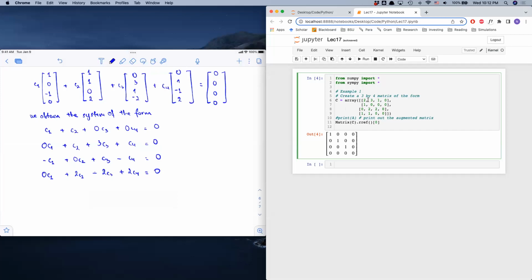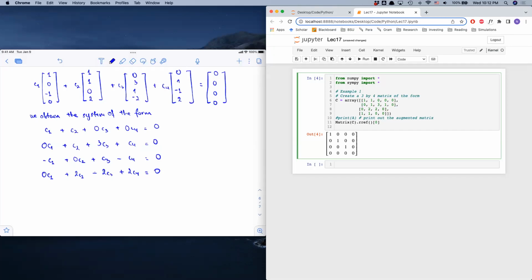So the first row is going to consist of the coefficients 1, 1, 0, 0, and the last entry in this row is 0 as well. The second equation's entries are 0, 1, 3, 1, and the last entry is 0.